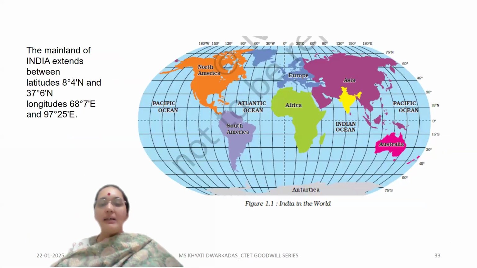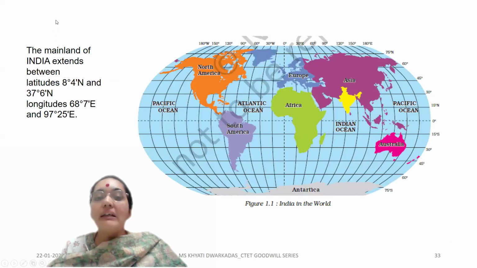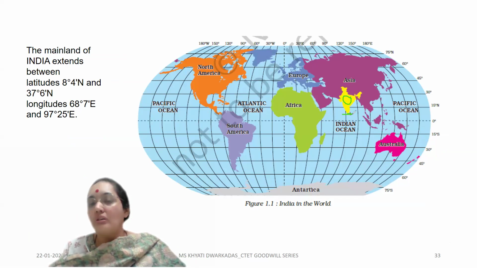And here you can see this yellow thing is mainland India. This yellow place is your mainland India. This particular tip, mainland India, Cape Comorin, is at 8 degrees 4 minutes north latitude.